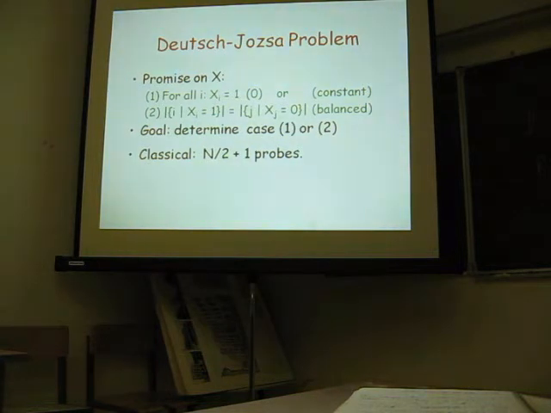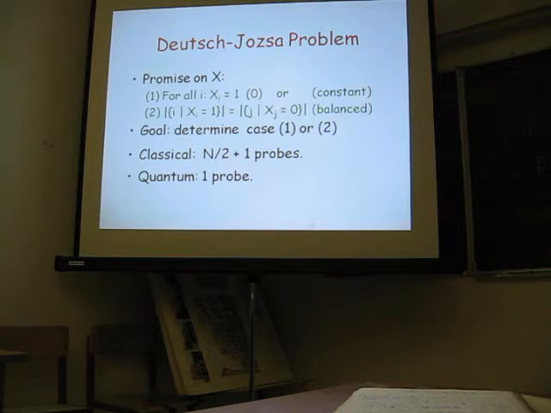But as soon as you have seen half plus 1, then you know that either you have seen all the same, and then because of the promise everything is the same, or you have encountered two different values, and you know that you are in the balanced case. So classically, n over 2 plus 1 is needed, and it can be done.